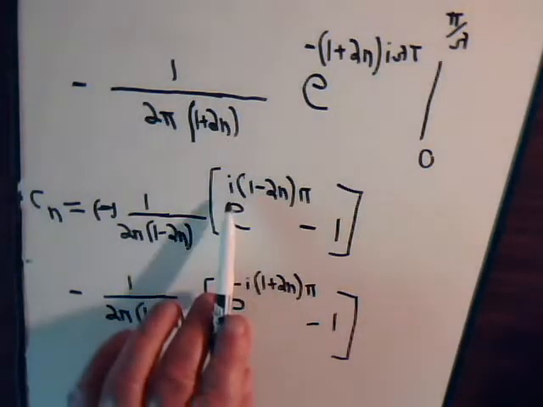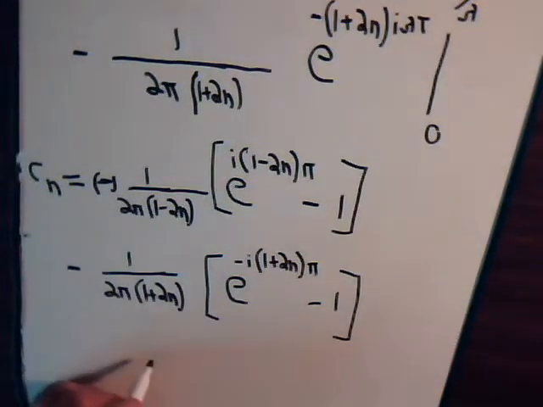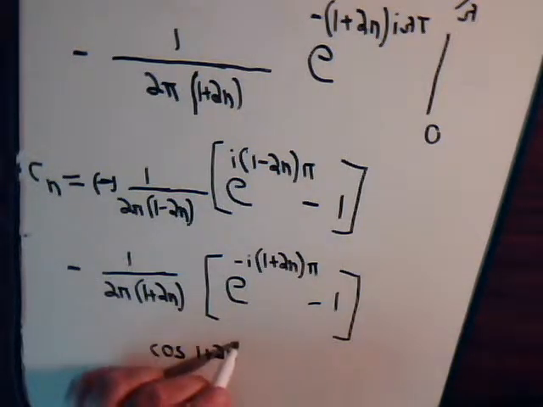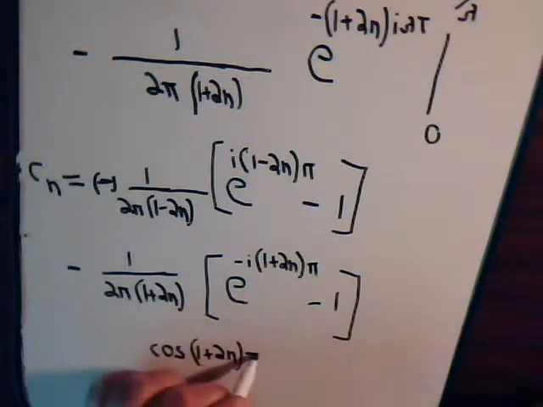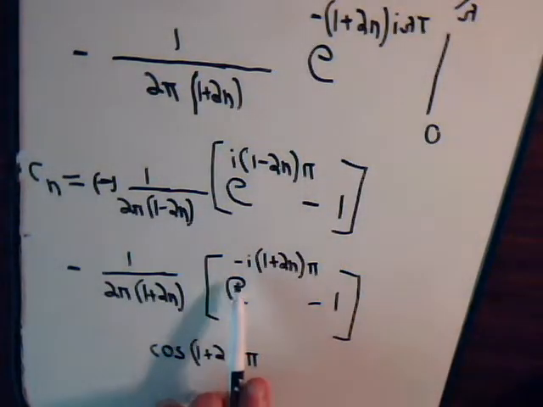So we have an odd multiple of pi, and here we have minus an odd multiple of pi, but it makes no difference because what we have is cosine of 1 plus 2n times pi from up here. Here would be negative, but the cosine is an even function, so it's the same either time.